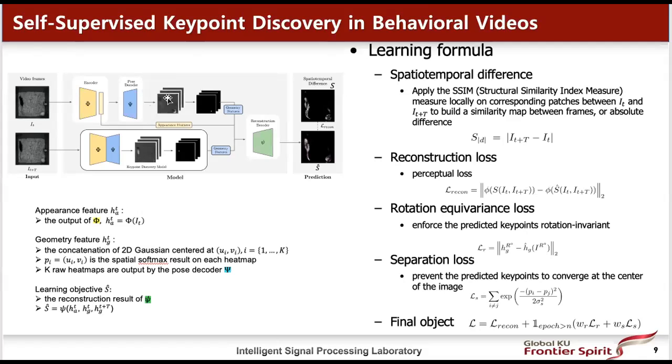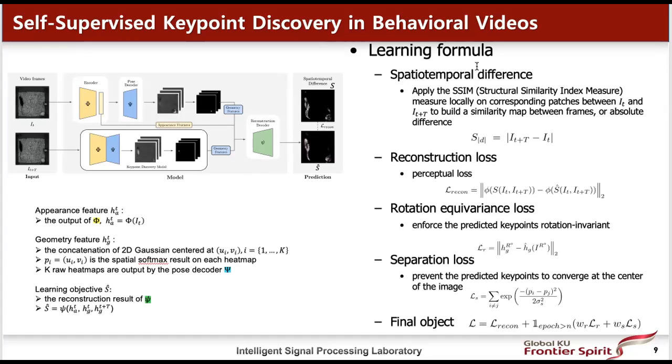The output of the pose decoder is heat maps, and there are a total of 8 heat maps because we want to detect key points of the input. Then we conduct a spatial softmax on the heat maps and get 2D Gaussian maps, shown in the black maps, which represent the geometry features. The learning objective is the reconstruction result.